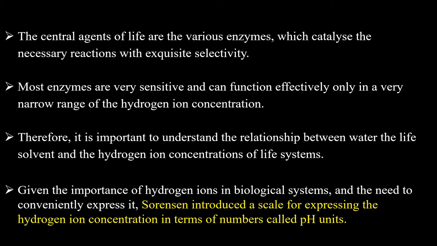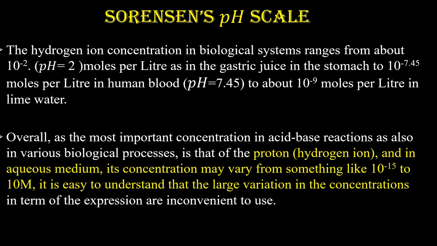Therefore, it is important to understand the relationship between water, the solvent of life, and the hydrogen ion concentration of living systems. Given the amount of hydrogen ions in biological systems and the need to conveniently express it, Sorensen introduced a scale for expressing hydrogen ion concentration in terms of numbers called pH units.